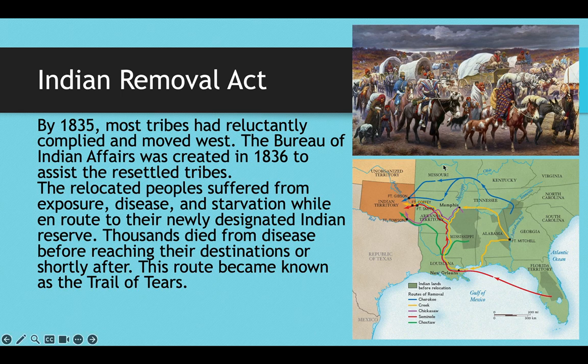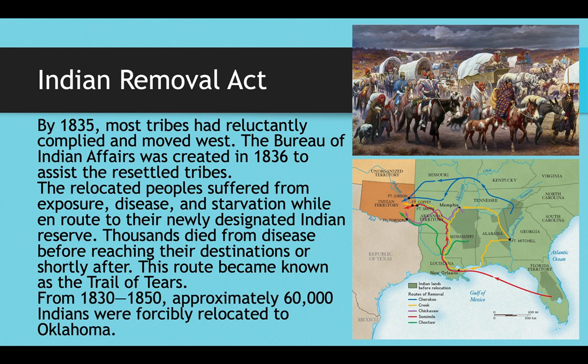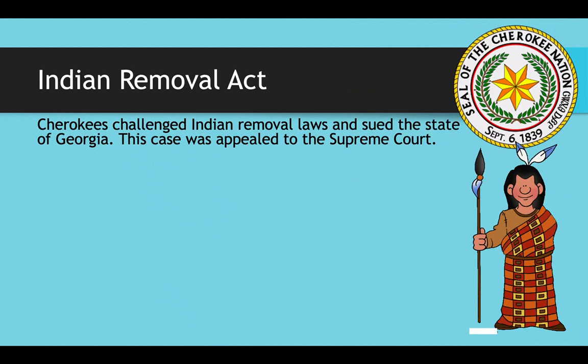Specifically, this route in the blue is known as the Trail of Tears that went from Cherokee country in northern Georgia up through Tennessee, Kentucky, Illinois, Missouri, and then down into Oklahoma. But more collectively, this entire movement of people is more colloquially known as the Trail of Tears. So as I said, from 1830 to 1850, approximately 60,000 Indians were forcibly relocated to Oklahoma.